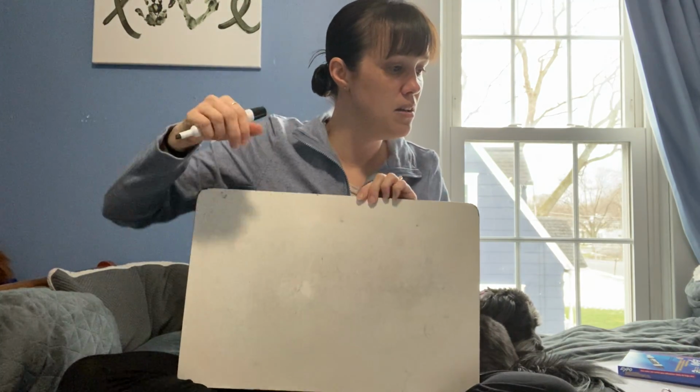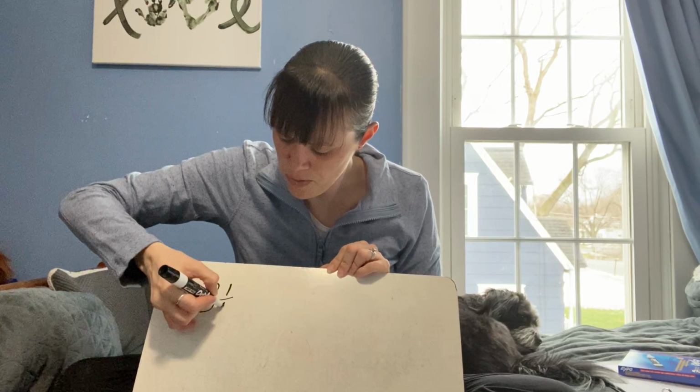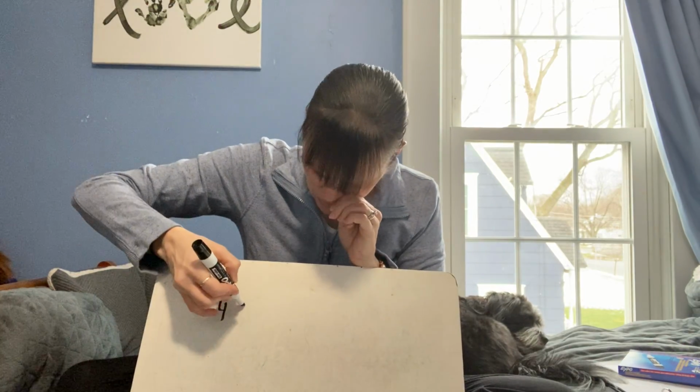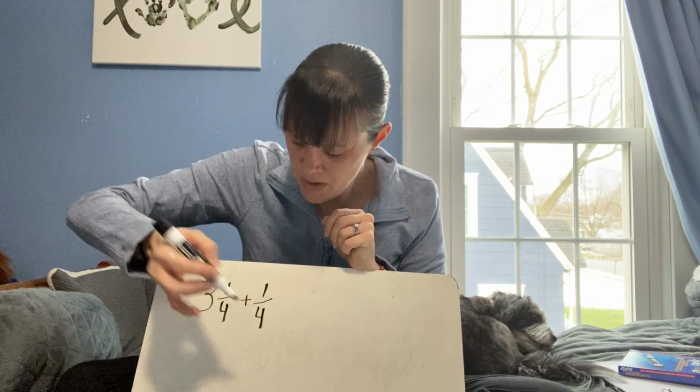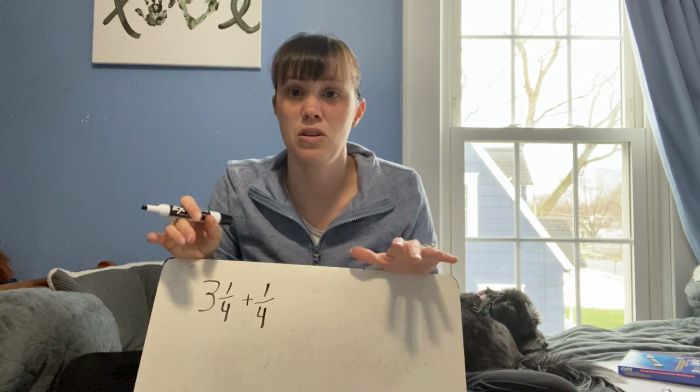We have 1A. I've got to move mine closer so I can see it. We have 3 1/4 plus 1/4. Now what I like to do is forget about the whole number at first and look at the fraction part.